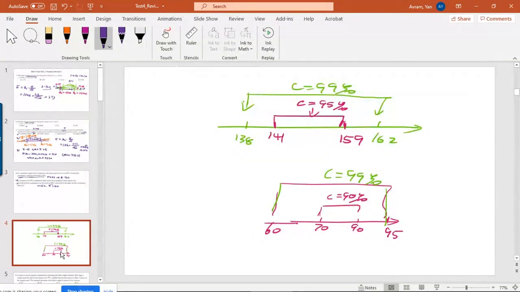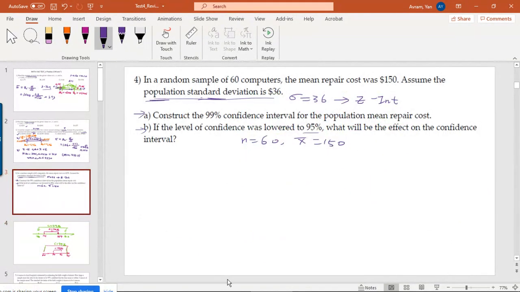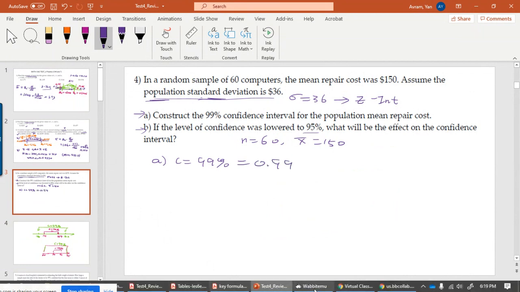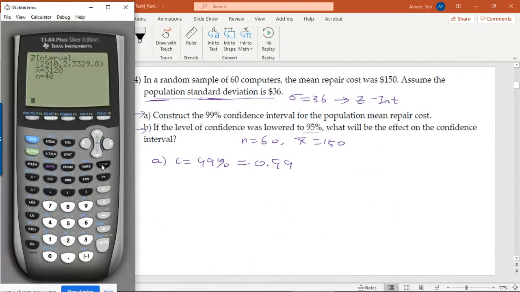Let's find part A. If I have C equal to 99%, which is 0.99, I can use the calculator, which is really quick.